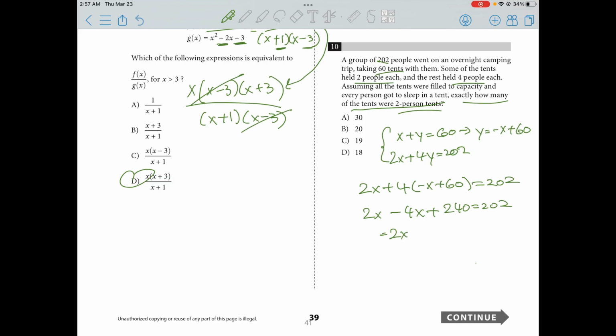Negative 2x, and then we would subtract basically. So negative 38 divided by 2 on both sides, which equals what? 19. So we know our answer would be 19 2-person tents.